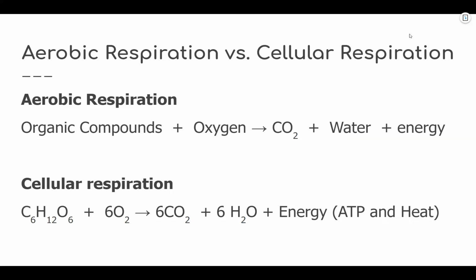We've got some organic compounds with oxygen, which yields carbon dioxide, water, and energy. That's our basic skeleton equation for aerobic respiration. Cellular respiration has a specific equation, and you are going to use this so much you'll have it memorized. Also, because photosynthesis is this equation backwards. So if you've got one, you've got them both.